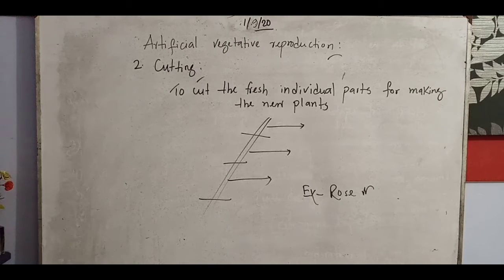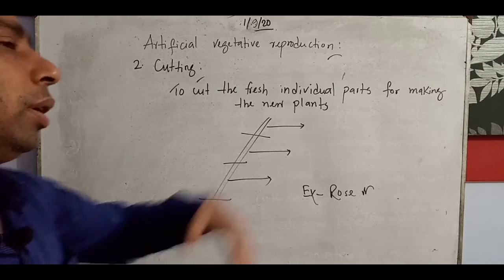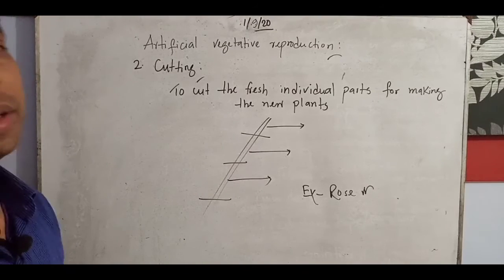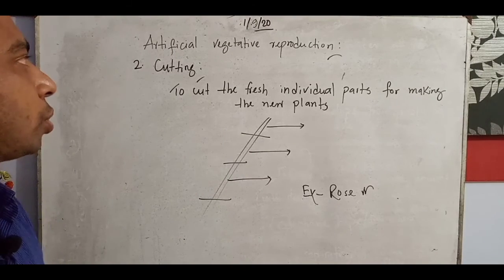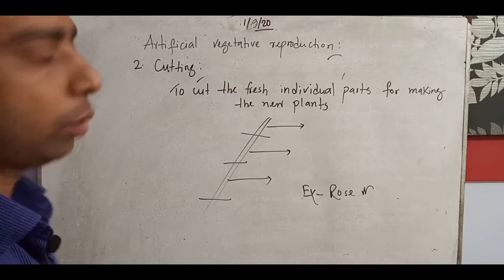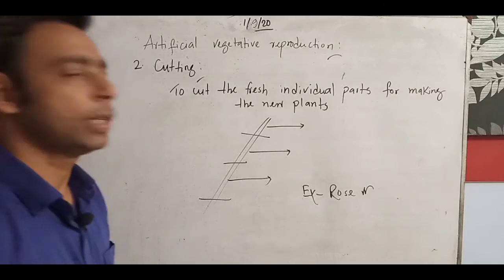In many places you can find this in rural areas. Especially this is their passion and their occupation too. Not much hard work is needed, just cutting and placing these parts on the field, and it can grow automatically. So in this way we totally complete artificial vegetative reproduction.